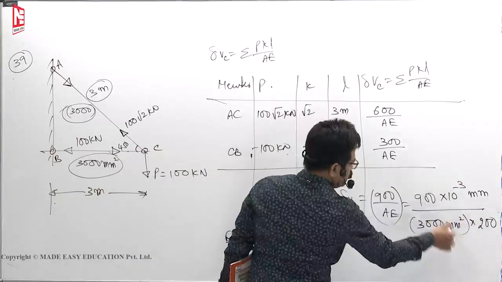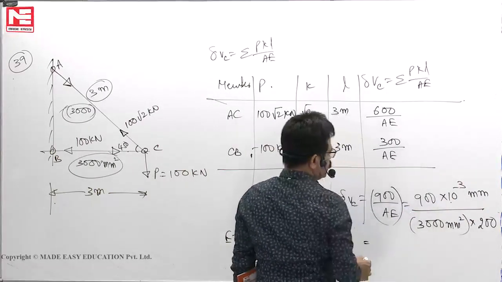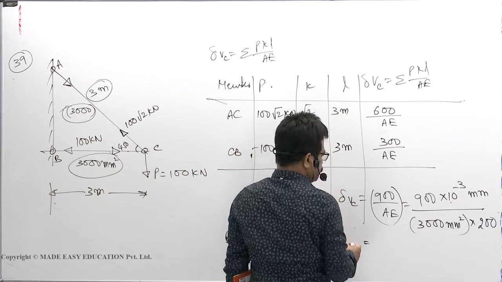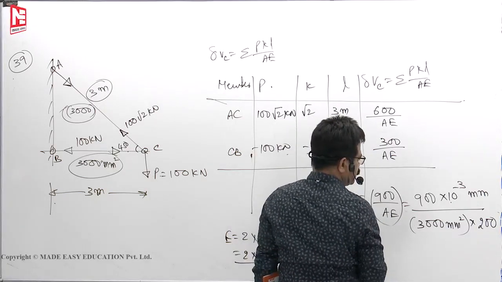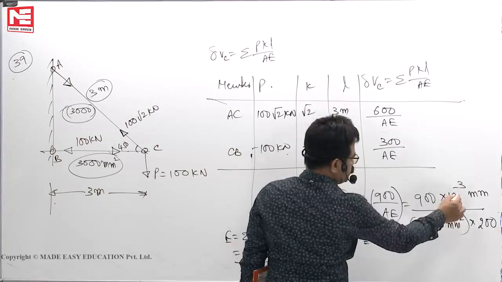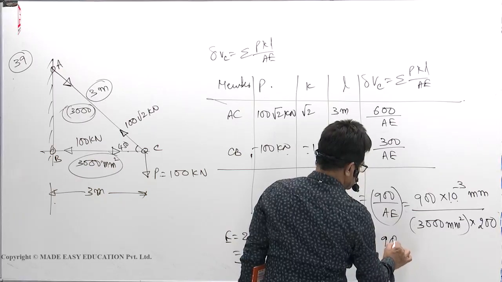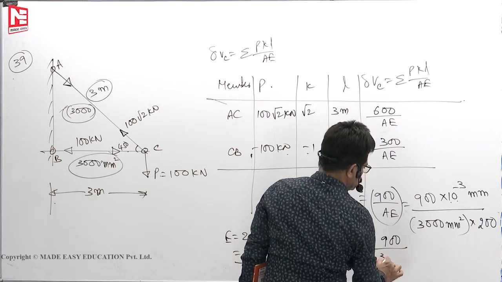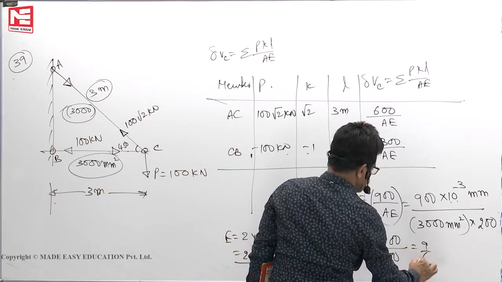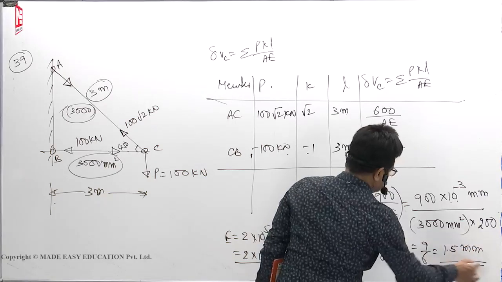Now kilonewton will tally, and the dimensions also will match. Meters you have converted into mm, and kilonewton we have kept as it is. Kilonewton cancels out. So 1000, so 900 by 3 into 200, 600. So 9 by 6, 1.5 mm.